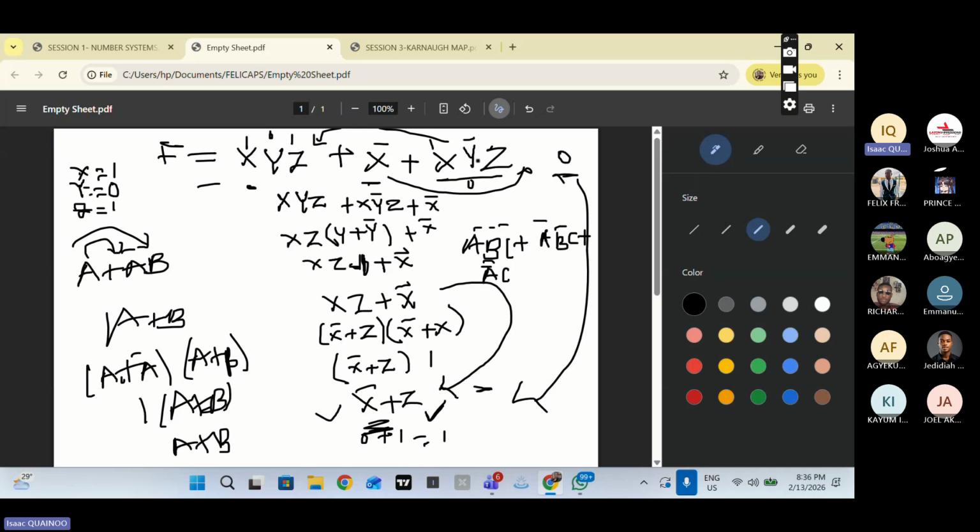Y is 0, so Y bar is 1, not 0, and Z is 1. So all our 3 inputs will be 1. So this is a 1, not a 0, and that was what created a conflict here. We have X bar being 0, and we have 0 plus 1. So the final output for this set of inputs will be 1, not a 0. I believe we are all good with that.